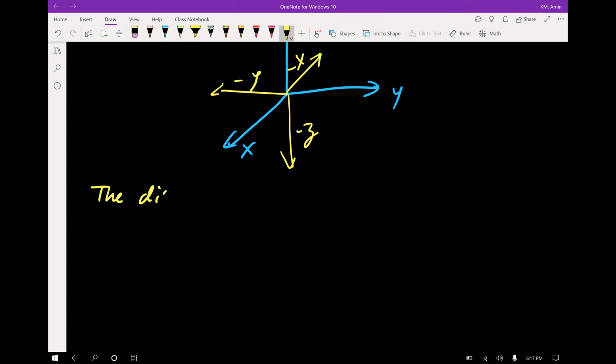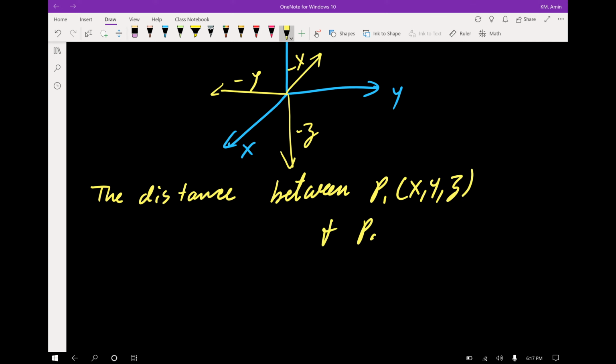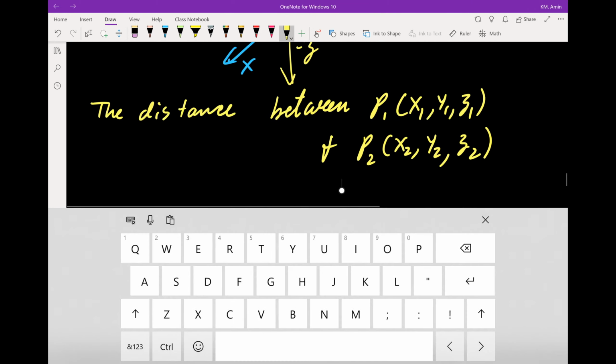The distance between P1 and P2, let me do it a little bit more specific, y2, z2. Do you guys remember that? It's very similar.